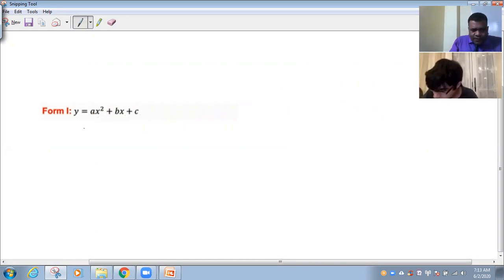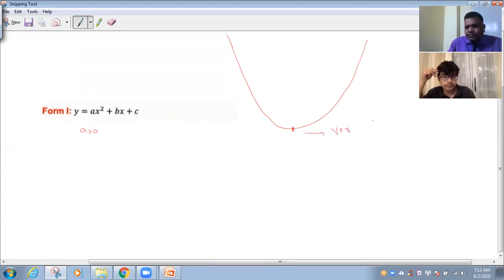And in this, if a is positive, you know the parabola will go up, something like this. I told you, the point from where it takes the U-turn is called the vertex.